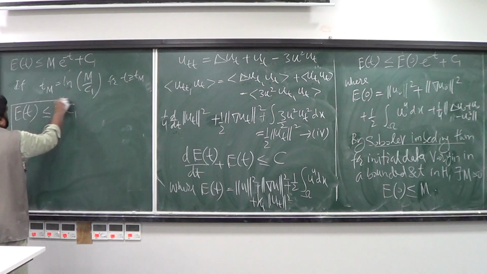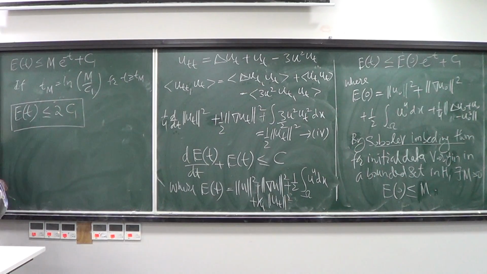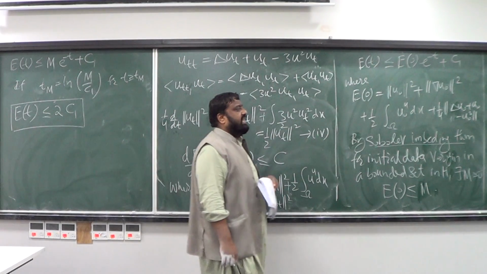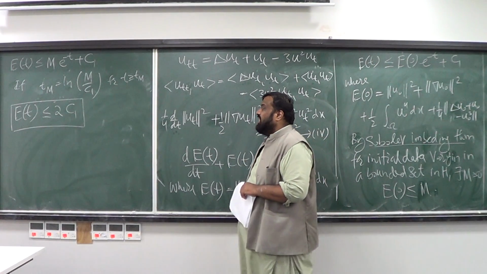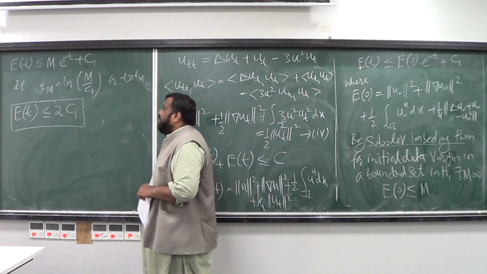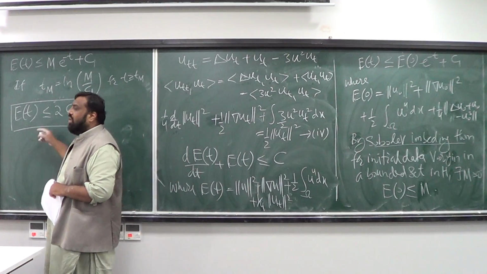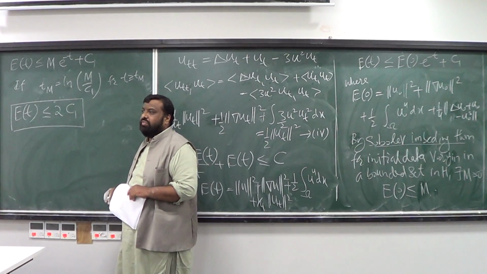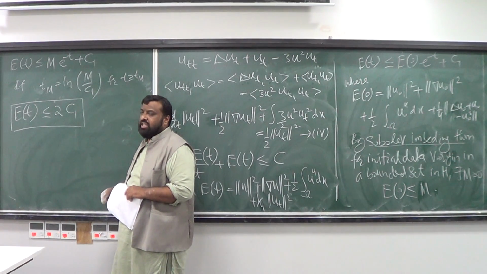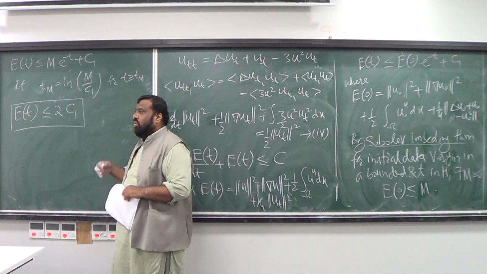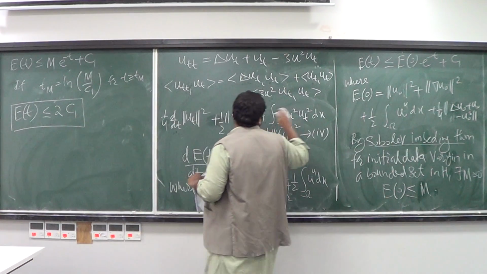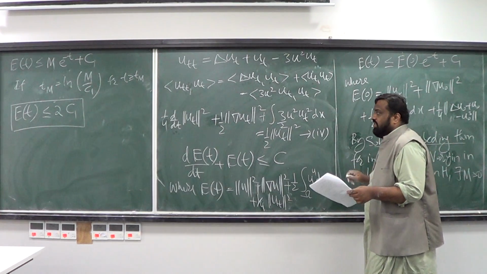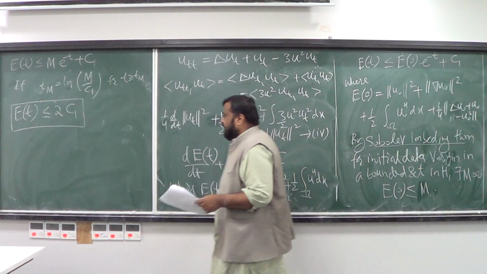So in other words, we got what we require. One of the key ingredients that we require is that our energy should stay in a ball of a radius, which is a constant that may depend on the bounded set of the initial conditions. So this is what we wanted.